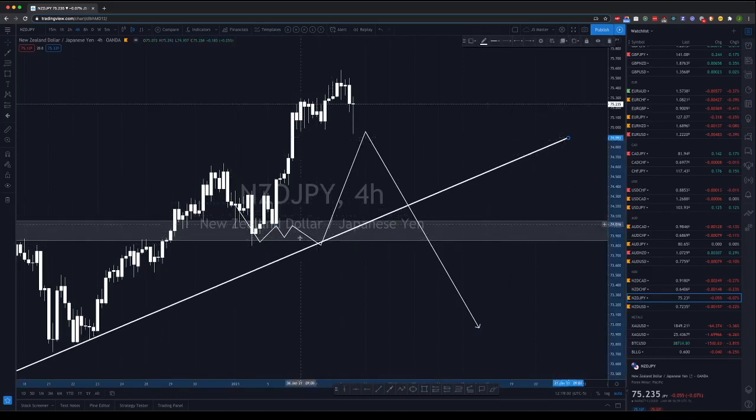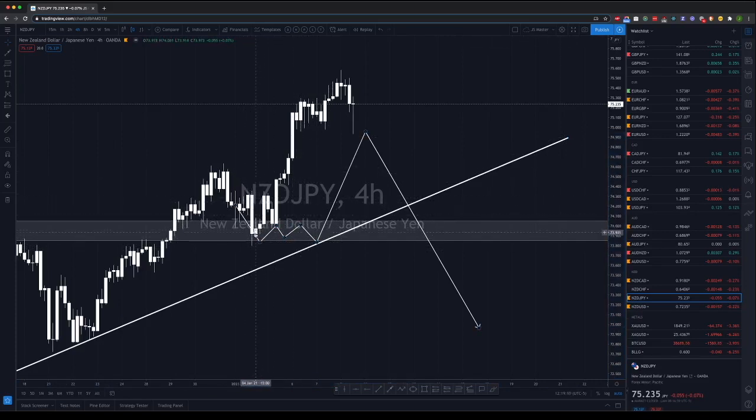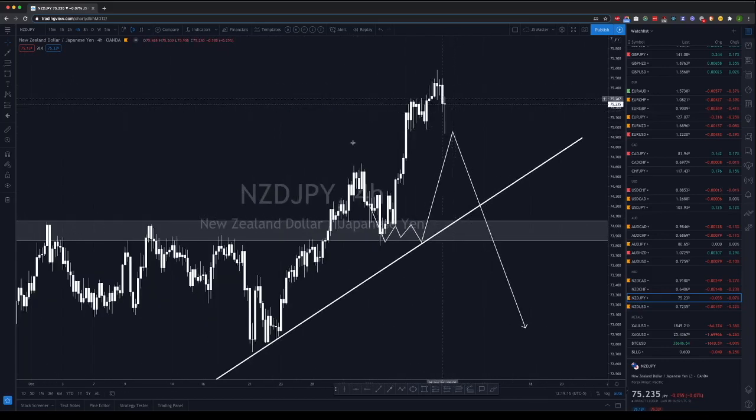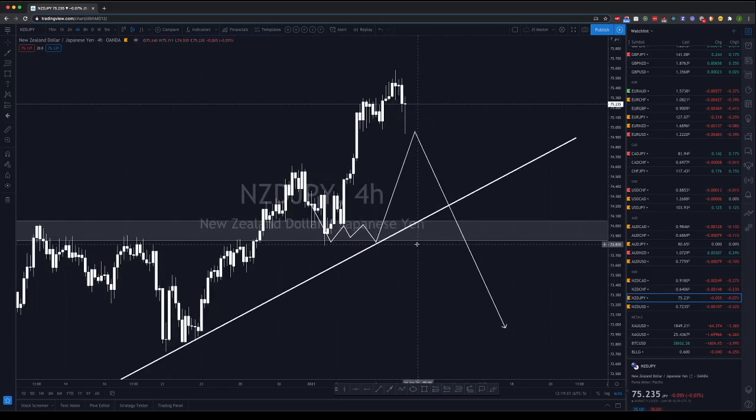But trend lines for me are just additional confluence. I don't take trades purely based off of the trend line. But anyway, we saw price push into the level, it pushed up, came back down, tested, and then we had that strong bounce. But I didn't catch an entry on this trade, unfortunately. But the analysis played out as expected.